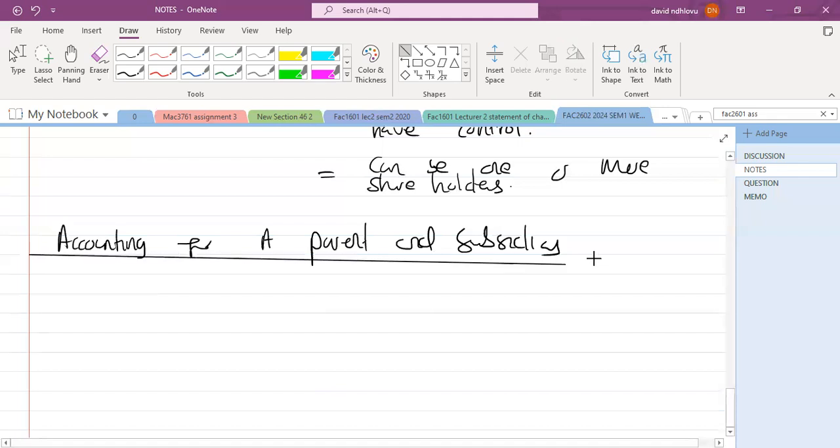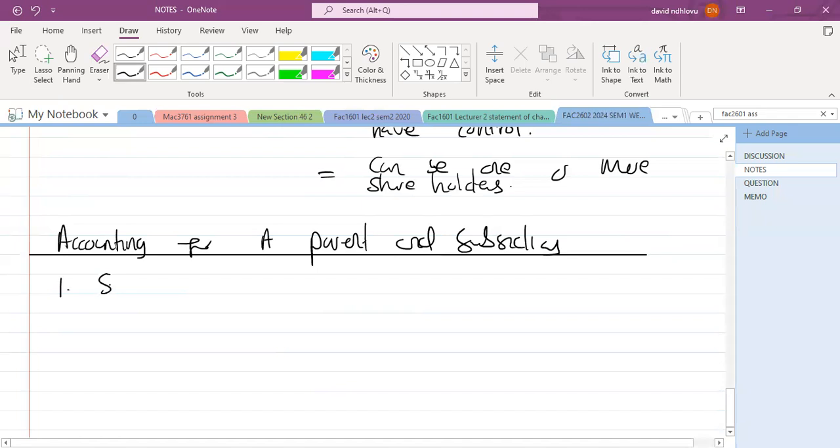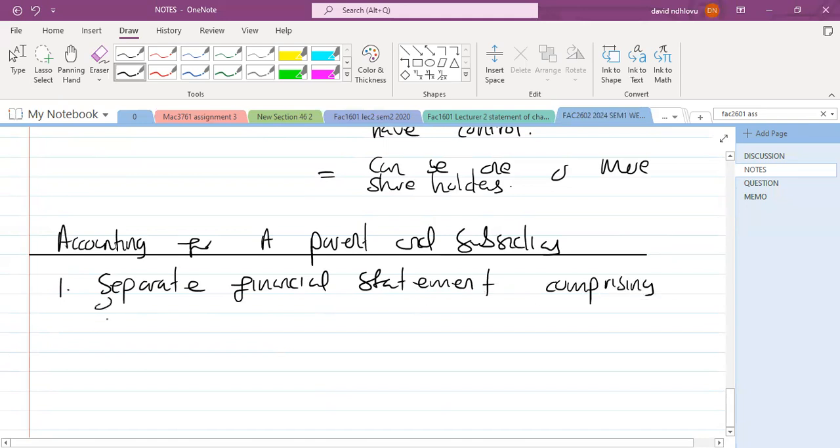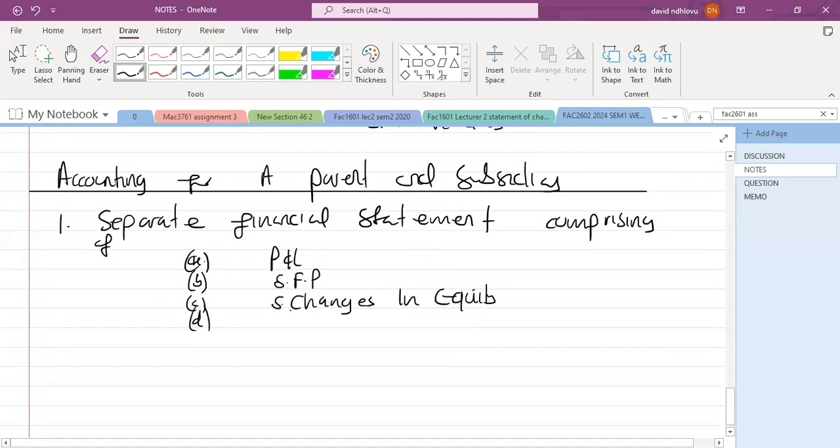When we account for a parent and a subsidiary, number one, we have what we call separate financial statements, comprising the normal financial statements: the P&L account, the statement of financial position, a statement of changes in equity, and also the cash flow statement, and the disclosure notes.